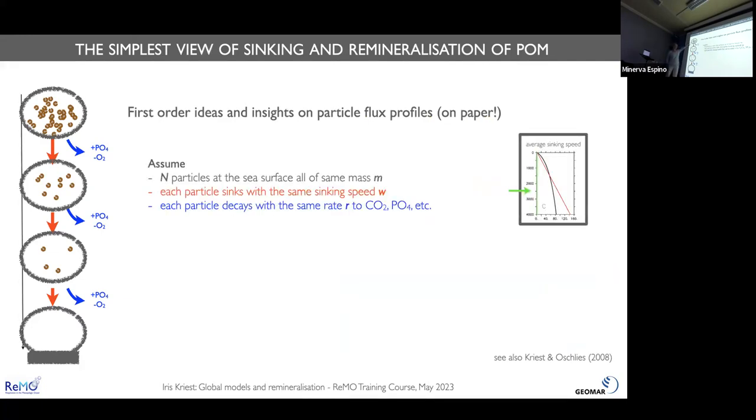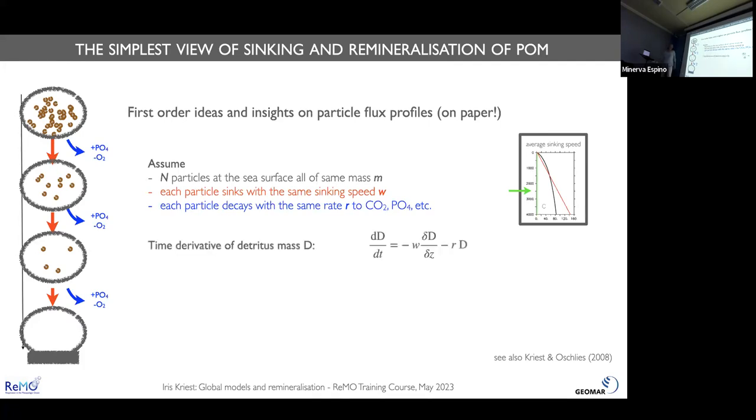So we could assume, like we do here, we have n particles at the sea surface, and they all have the same mass and the same properties. They are all the same. And especially each particle sinks with the same sinking speed, say 1 meter per day, and it decays with the same rate to carbon dioxide, phosphate, and so on, say 0.12 per day.